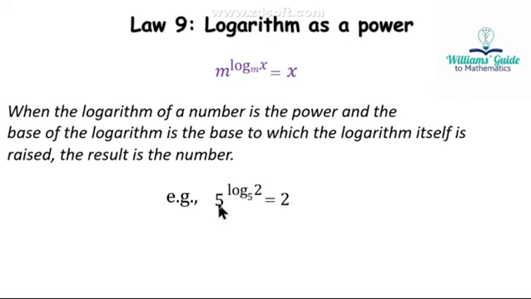Now when the base that is raising the log and the base of the log itself are equal, we can have our result to be the number. The base for the log is 5 and the base to which the log is raised is also 5. These two bases cause the log to cancel and our result to be equal to 2.